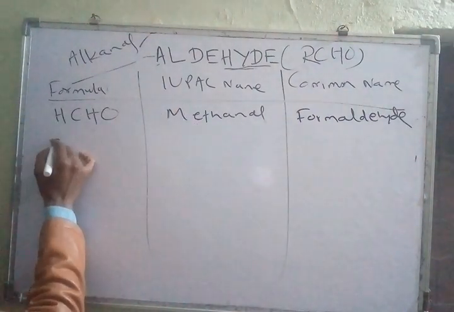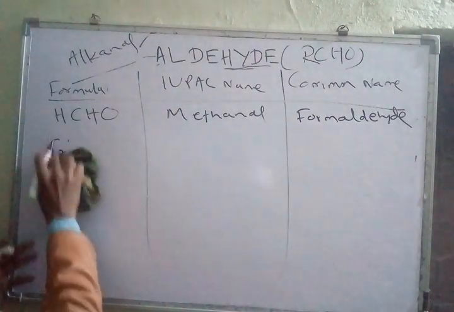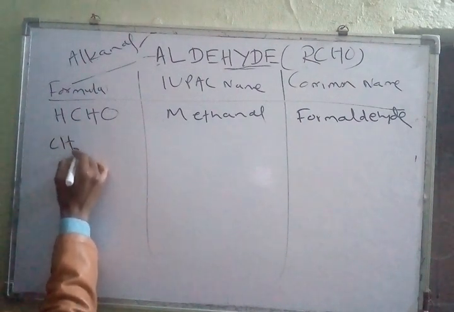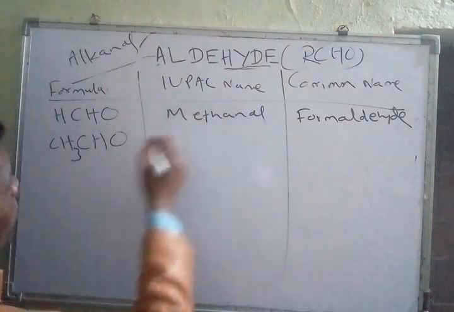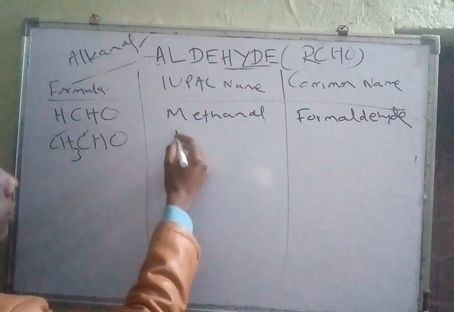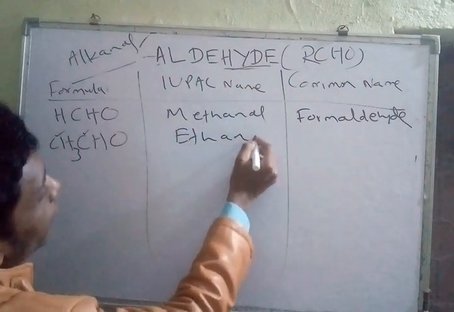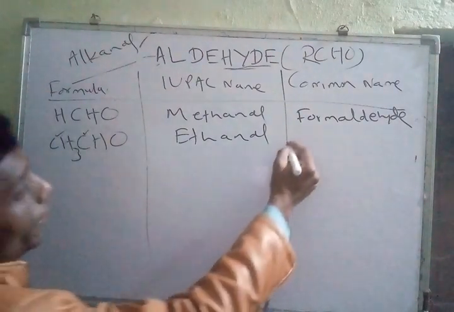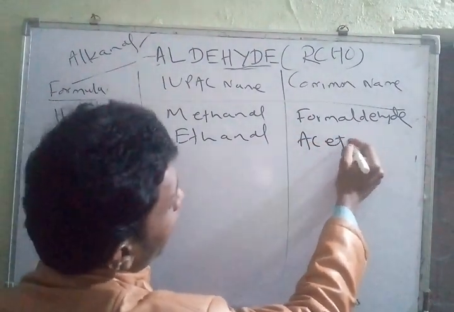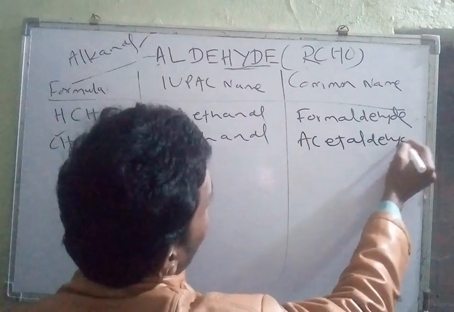And another is C2, putting CH3, that is methyl, CH3CHO. This is the second compound in the aldehyde group. And the IUPAC name: there are two carbon atoms, that is ethanal. And the common name uses the prefix acet: acet plus aldehyde, that is acetaldehyde.